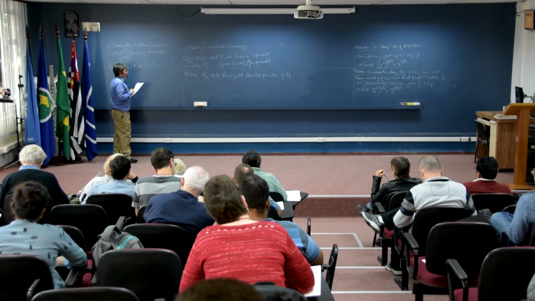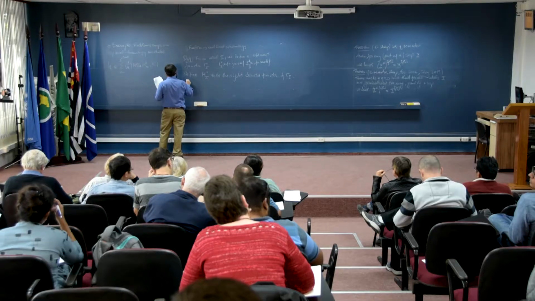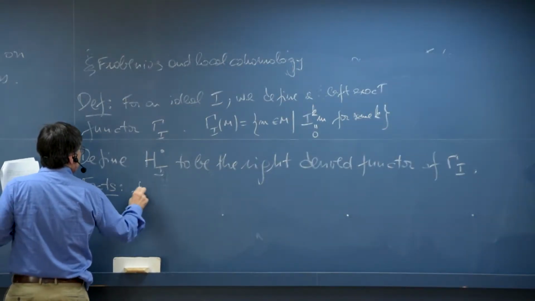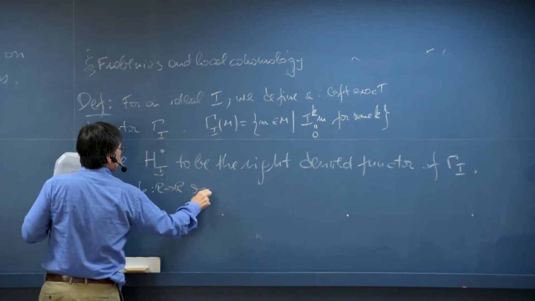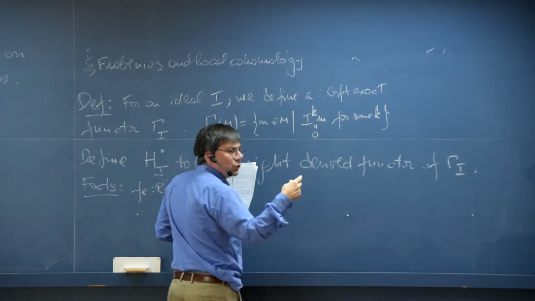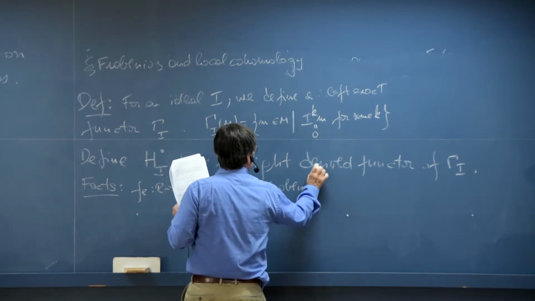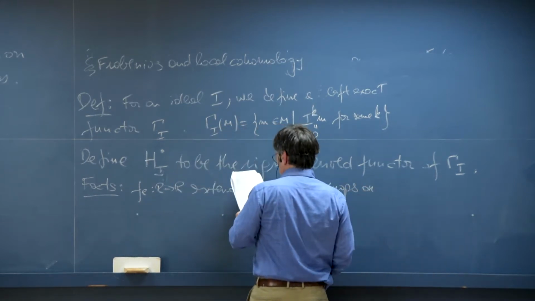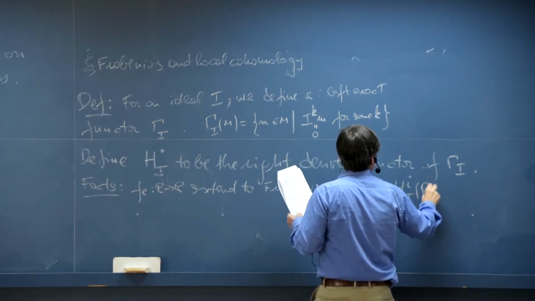Okay. So why are we interested in this? Well, we saw why in the first example, but here are some interesting facts. So these F_e that go from R to R, these extend to Frobenius maps, these R to the p linear maps, to Frobenius maps on the local cohomology modules with support in I of the ring.